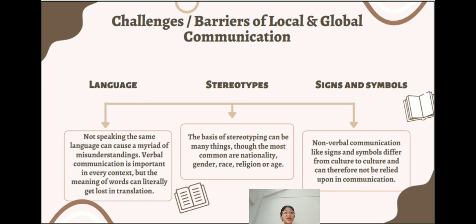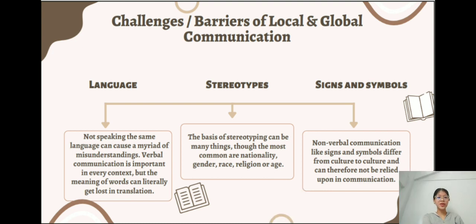Verbal communication is important in every context, but the meaning of words can literally get lost in translation. So, when you are not learning a language or do not know the language of others, you might misinterpret what they say or what they want to say.